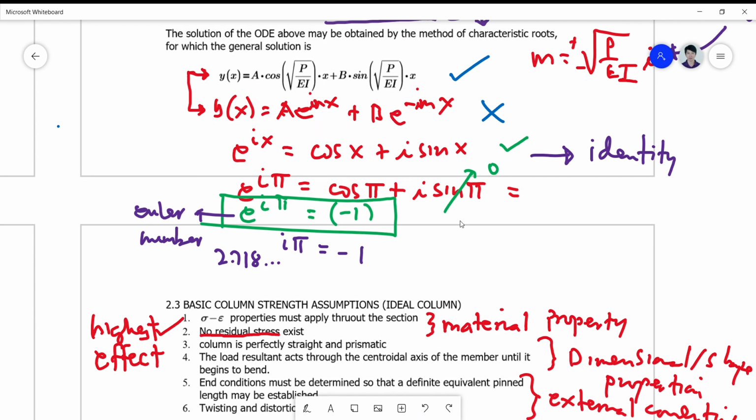By the way, there's a correction here I'd like to make. We can remove the i there simply because the i is already a part of m.